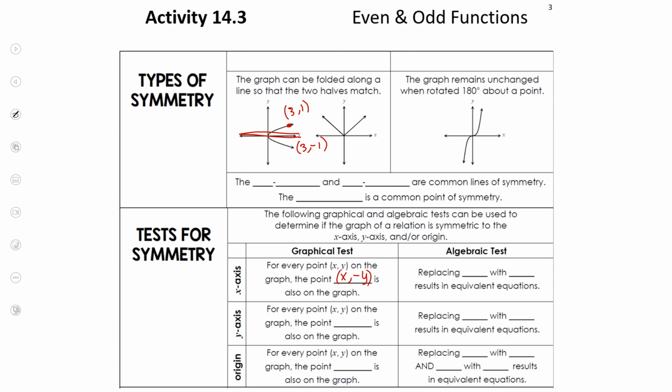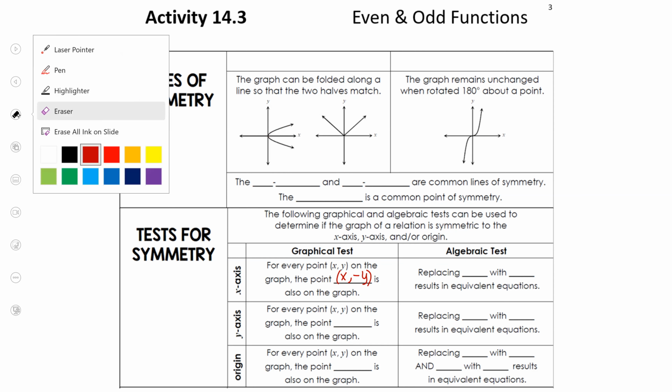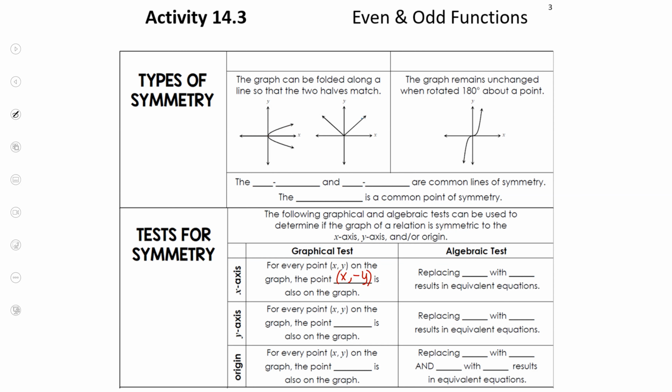Okay, let's talk about when you reflect across the y-axis, when it's symmetrical across the y. So let's look here. Let's say I have this point. I'm going to call it 3, 3, I guess. Actually, no, I'll call it 3, 4, so we can distinguish. What would this one be? -3.